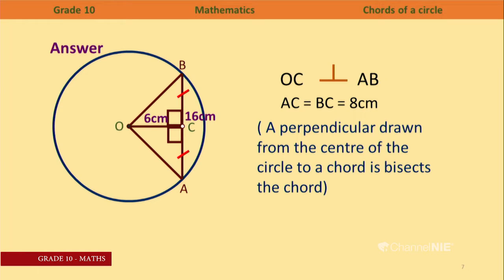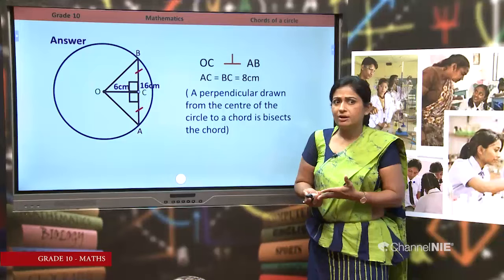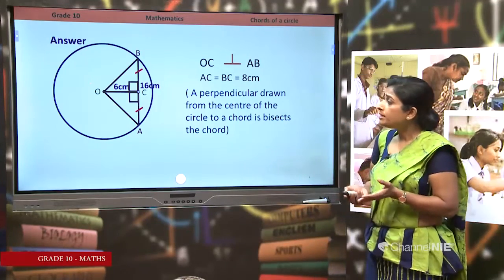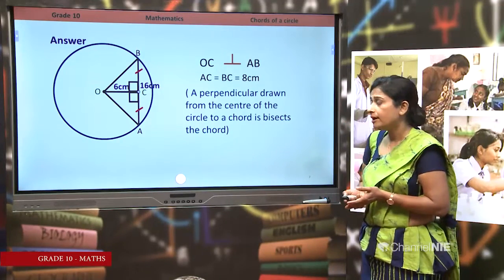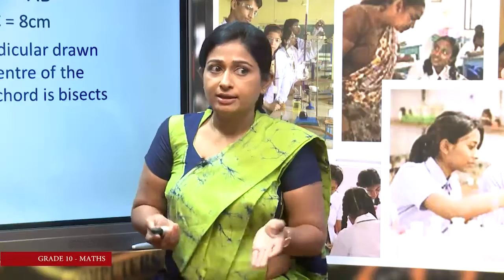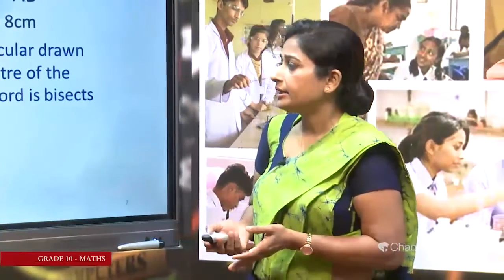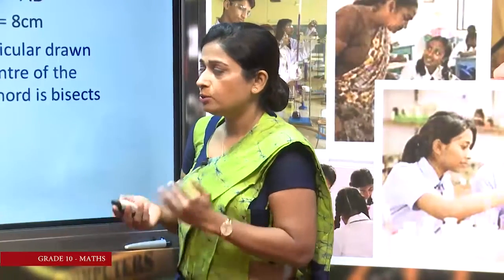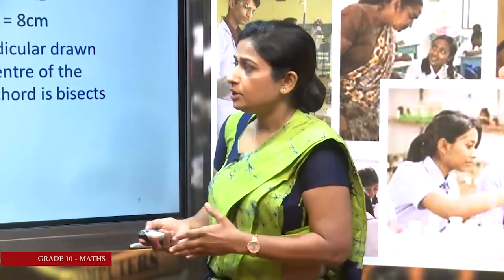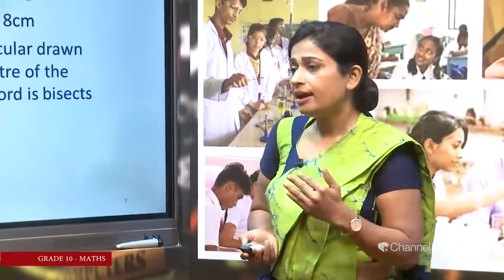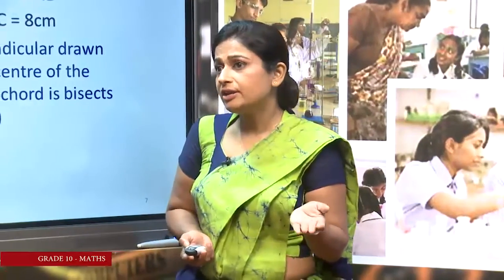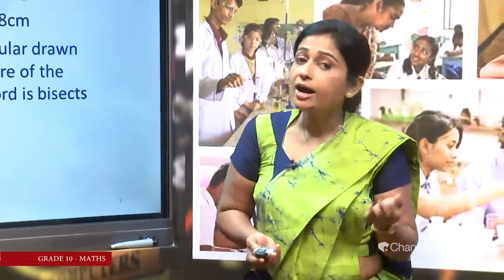Before that, how do we find that OB length? Here in the OBC triangle, that is a right angle triangle. In here, we know two sides, OC and BC. So, when you are taking a right angle triangle, if you know the lengths of two sides of that triangle, how do we find the other side?